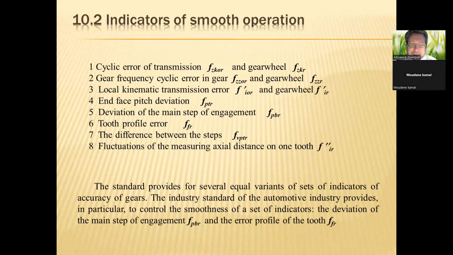And now we start item 10.2, indicators of smooth operation. It's 8 numbers. So first, cyclic error of transmission and gear well. Gear frequency, cyclic error in gear and gear well.